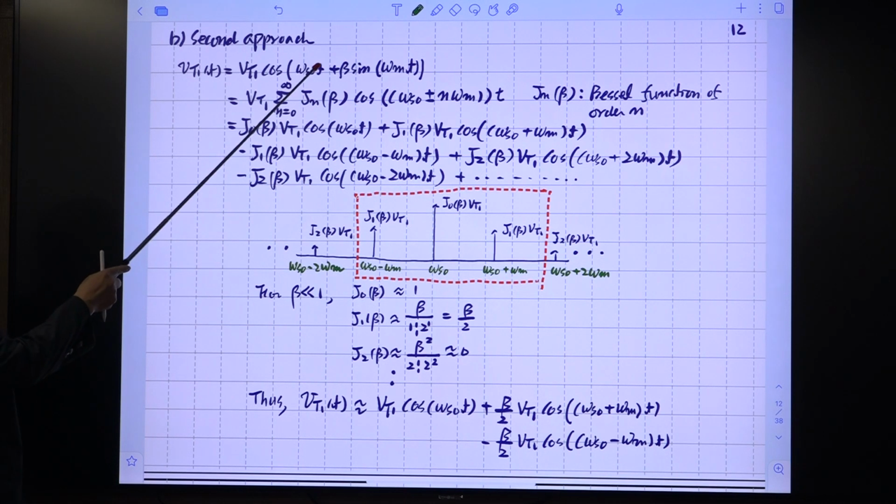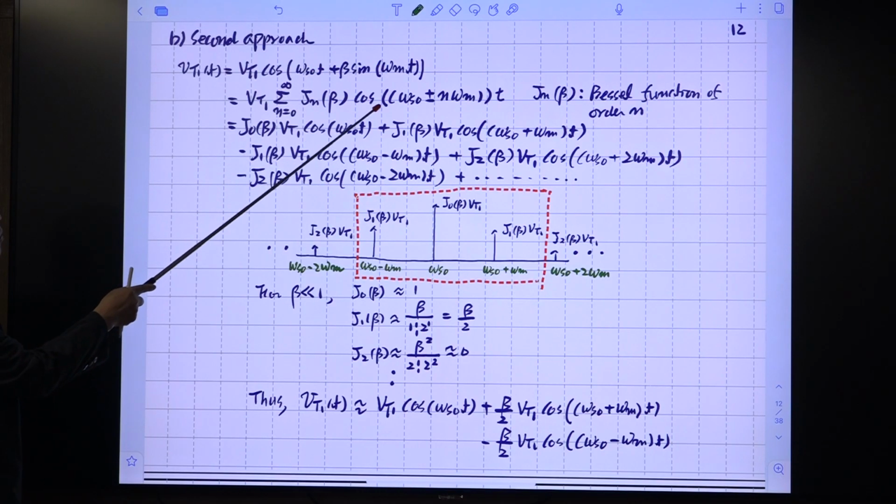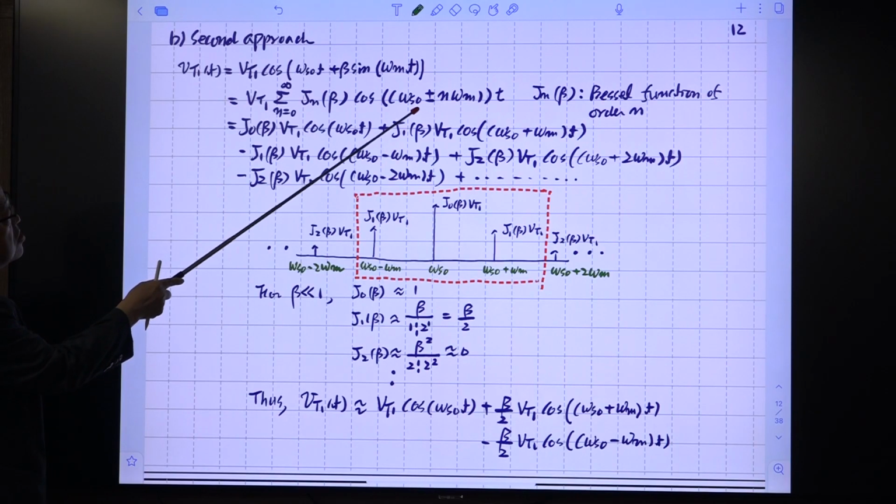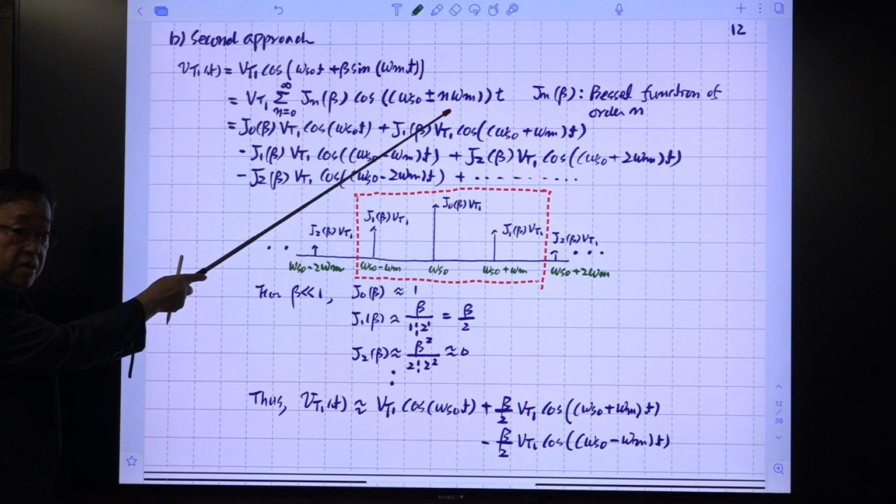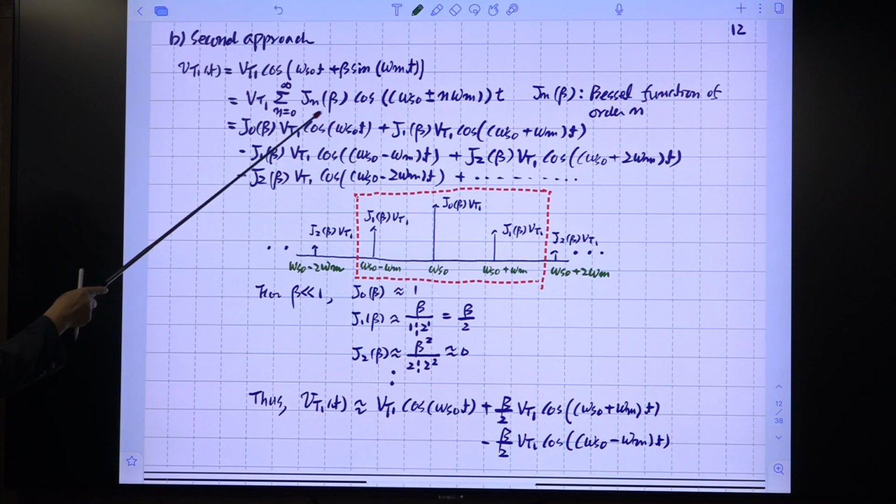So you have this one, then this is expanded. These harmonics of this omega SO plus minus, this is harmonics, right? This is the infinite series, and this coefficient is called the Bessel function. Okay? I don't know the Bessel guy. I don't know what Bessel function means.